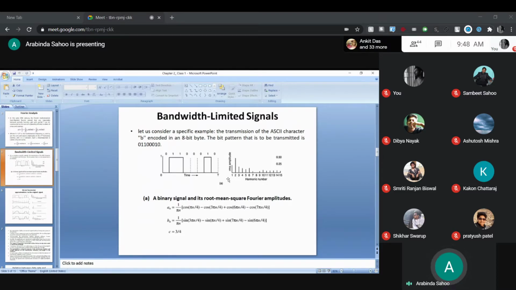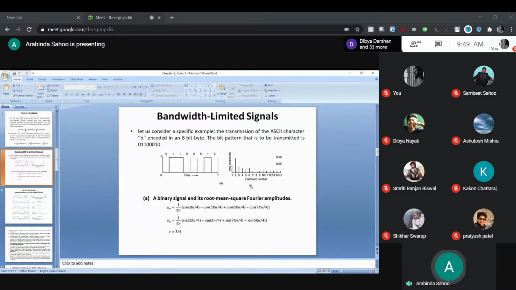If a good quality cable passes up to harmonic number 9, the signal received at the receiving end may have good quality compared to a bad quality cable, which passes only 2 or 3 harmonics.